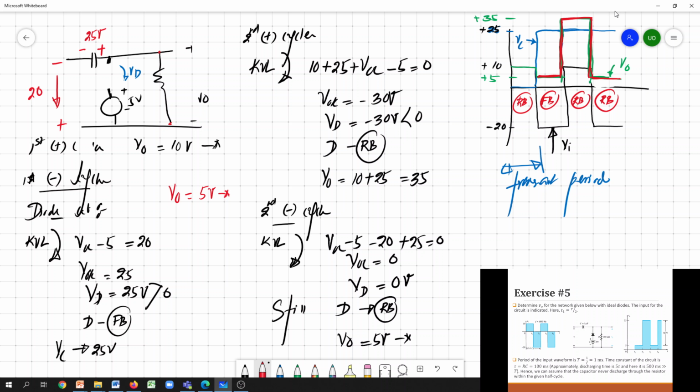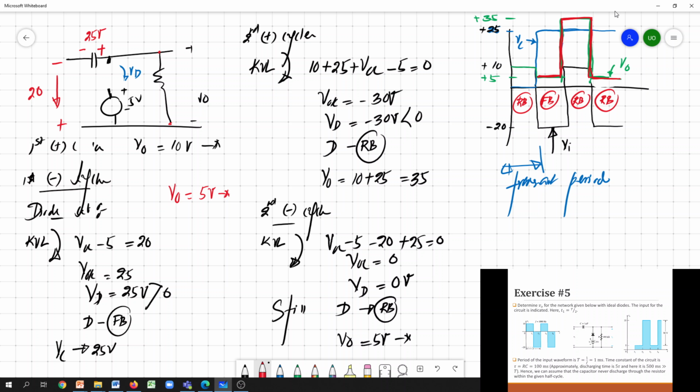So you have to plot all these values. If I ask you to draw the output, you can just draw the input and overlay the output on top of that. Only then can you have a comparative idea, if you plot these two signals, input and output, on the same graph.